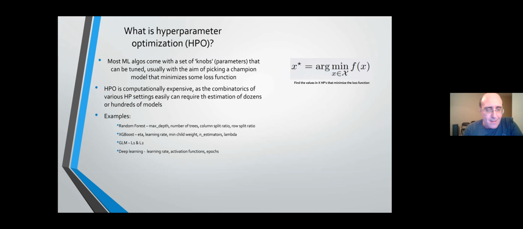So to that end, random forest, if you're familiar with a decision tree, random forest is an extension of a decision tree where instead of building just one decision tree, multiple decision trees are built.